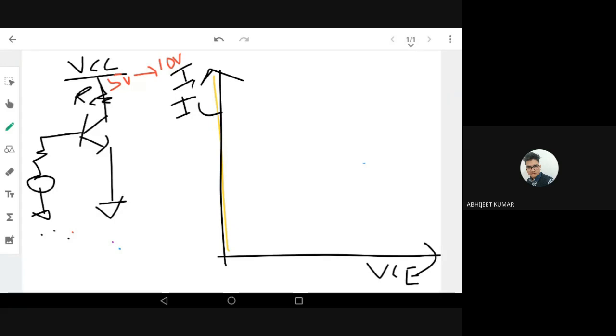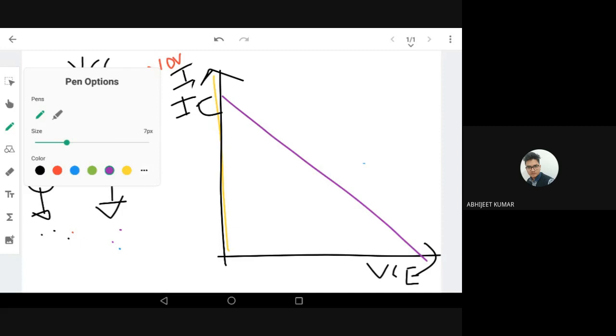What is the change going to be? Resistance is always the slope. If I'm increasing the RC, you can see the current will be shifting. Initially, for example, my load line was like this. Now I'm going to reduce the RC. What happens? Reducing the RC means my current is going to increase.